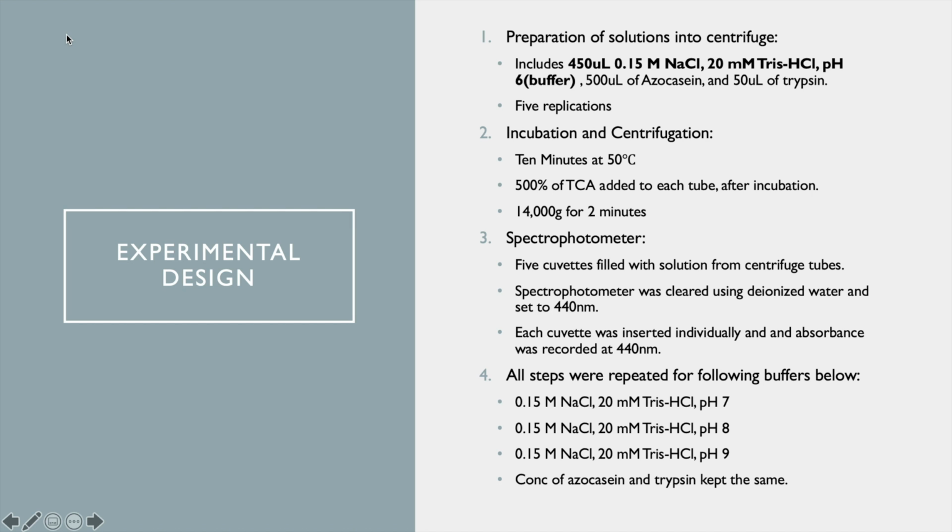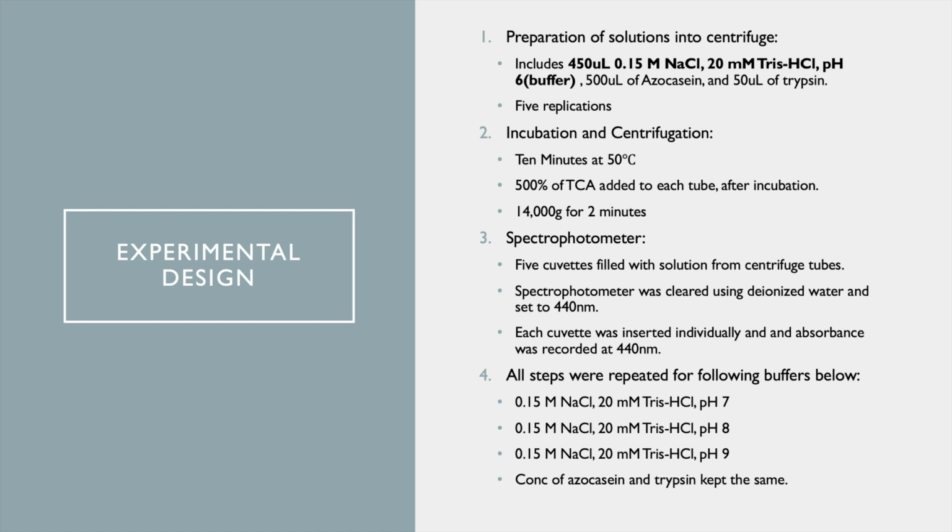The 5 tubes were incubated at 50 degrees Celsius for 10 minutes. After incubation, 500 microliters of 10% TCA was inserted into each of the tubes and mixed. The tubes were centrifuged for 2 minutes at 14,000 g.